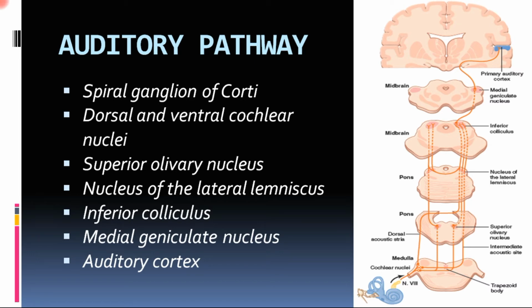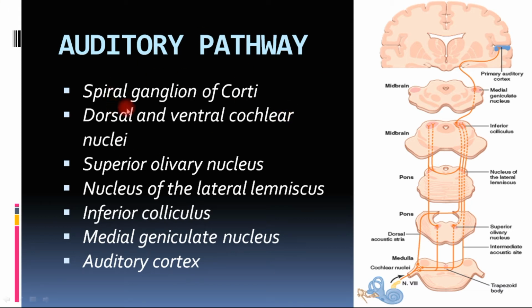The superior olivary nucleus is majorly responsible for detection of the direction from where the sound is coming and its orientation in the 3D environment where the individual is located. So that is the function of the superior olivary nucleus.